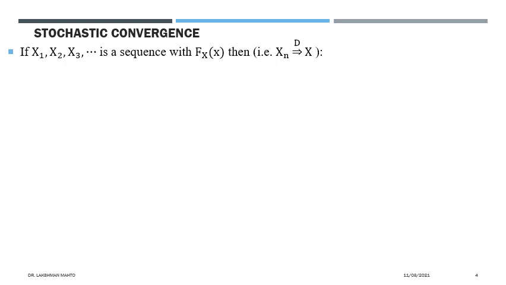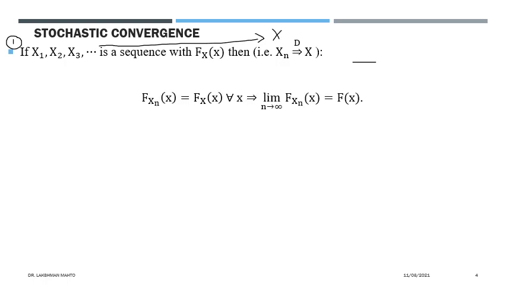One example I had already taken: a sequence of IID random variables, independent and identically distributed, where all members of the sequence have the common CDF F of x. Then we can claim that this sequence converges to a random variable X with the same distribution.